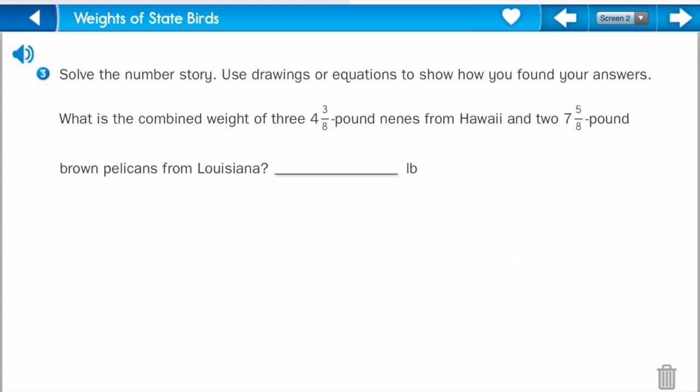Solve the number story using drawings or equations to show how you found your answers. What is the combined weight of 3 and 4 3/8-pound nenes from Hawaii and 2 7 5/8-pound brown pelicans from Louisiana? So one way we could do this is we could add them together.